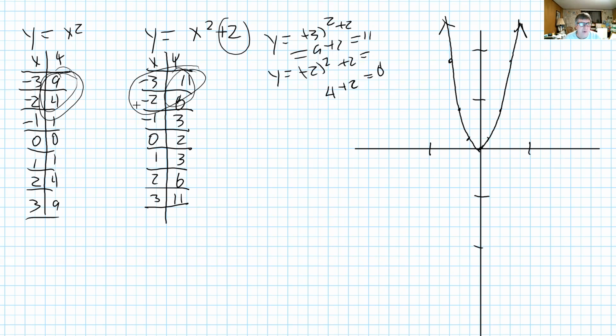What does that do to our graph? Let's draw that in red. Okay, -3 is at 11, -2 is at 6, -1 is at 3, 0 is at 2, and then 3, and then 6, and then 11.